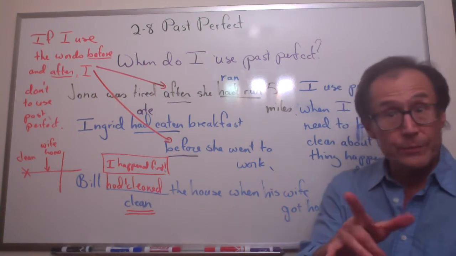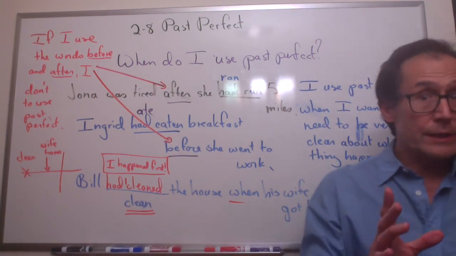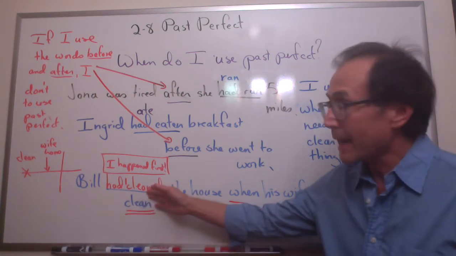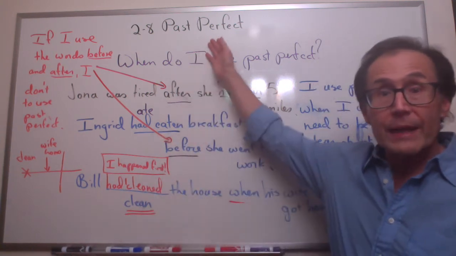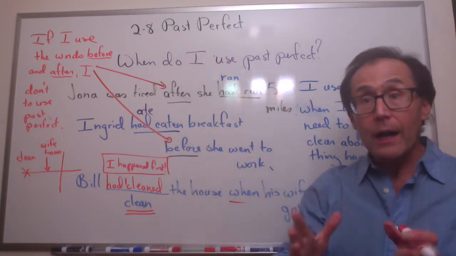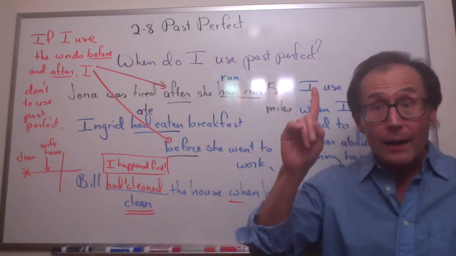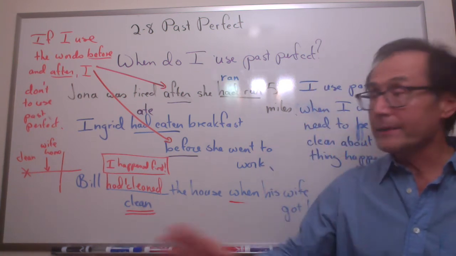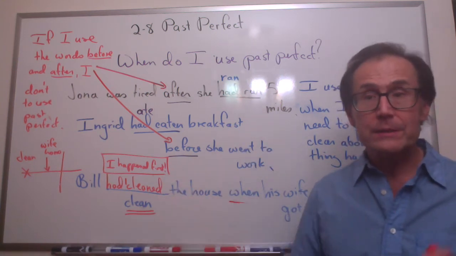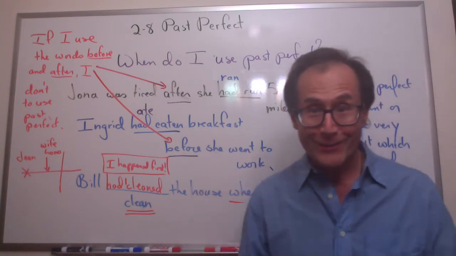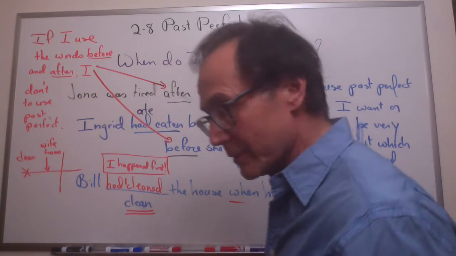I don't use the word before here. I use the word when. But it's clear to an English speaker that this happened first because I use past perfect. Past perfect always means I happened first. So when an English speaker hears this, they know, aha, I know this one happened first. Now, let's take a look and see what happens if I don't use past perfect, okay? So, I think I need to erase some things here.